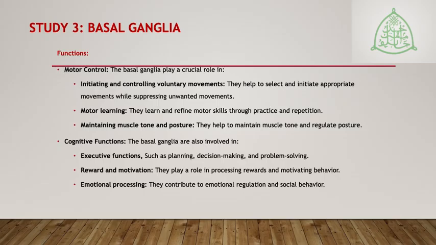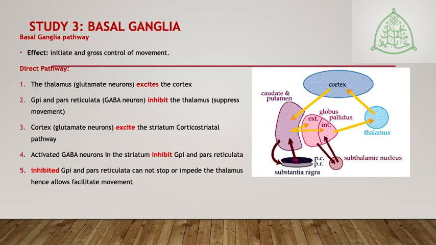So the functions, like we said, of the basal ganglia are motor control, to initiate and control voluntary movement, and also to assist in motor learning because of its proximity to the amygdala and hippocampus. And then its cognitive functions are to execute functions such as planning, making decisions and problem solving, reward and motivation, and also emotional processing.